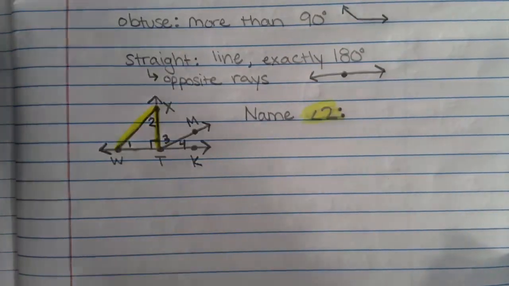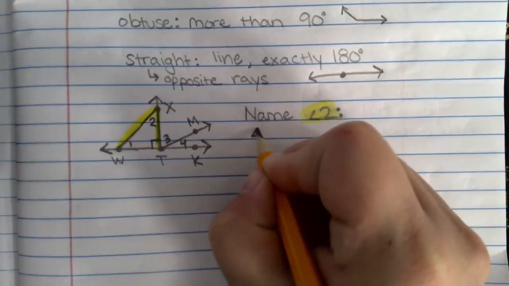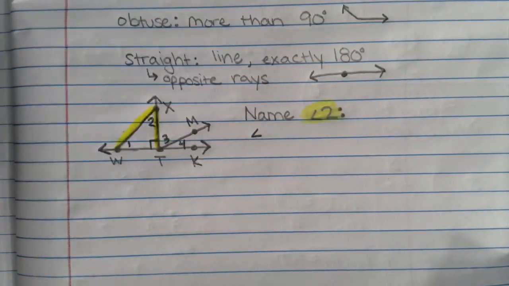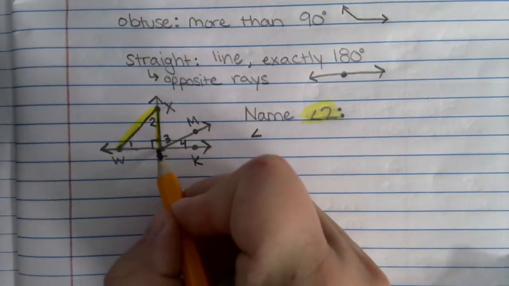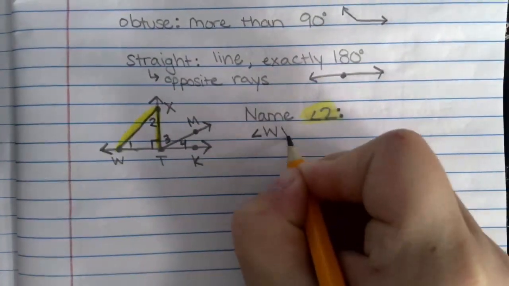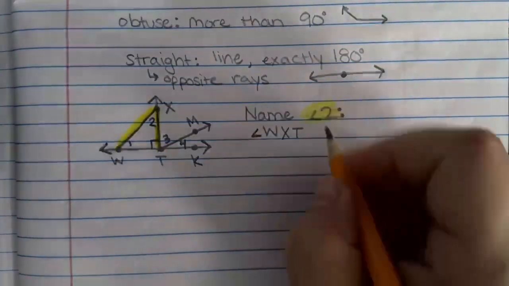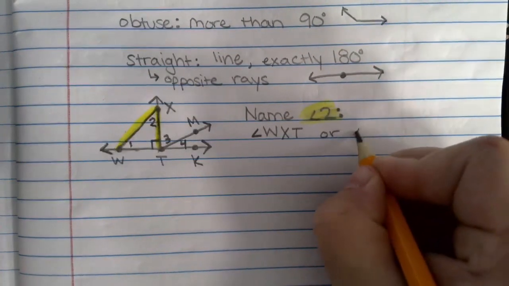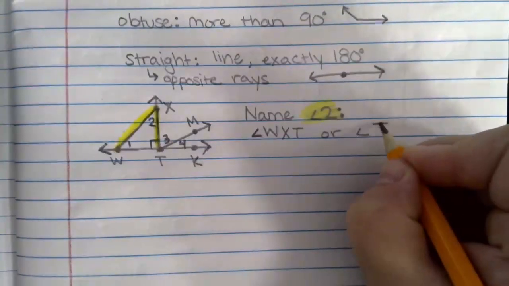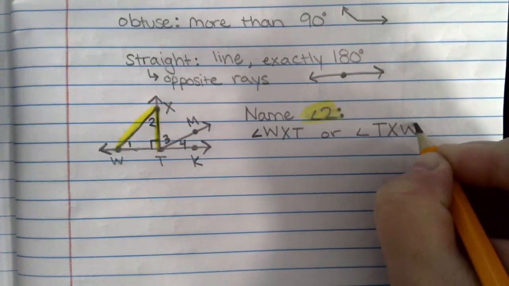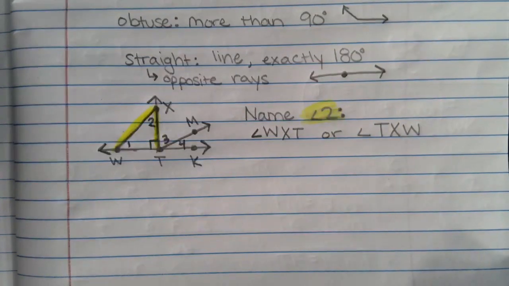So what points do we have that create angle 2? How else could I say that? Good. W, X, T. Or what would be another way to name that? Good. T, X, W. Really important that vertex is that middle point.